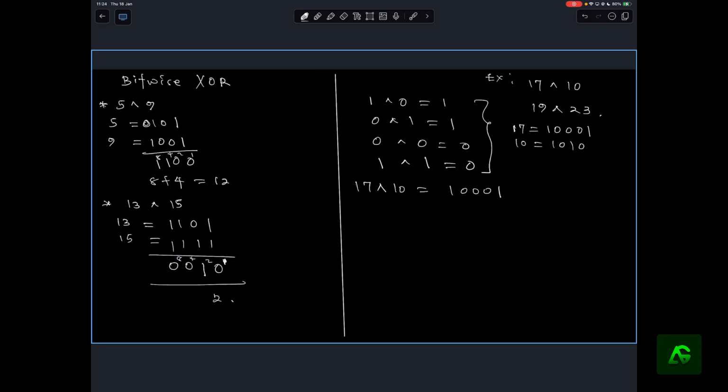Yes, sir. So it's going to be 01010, right? We need to complement it with a 0 here. So now 1 XOR 0, 0 XOR 1, 0 XOR 0, 0 XOR 1, 1 XOR 0, giving 11011. So this is what we have, right? Let's convert it to base 10. We have 1, 2, 4, 8, then 16. That is 16 plus 8 plus 2 plus 1, so we have 27. That means 17 XOR 10 results to 27.